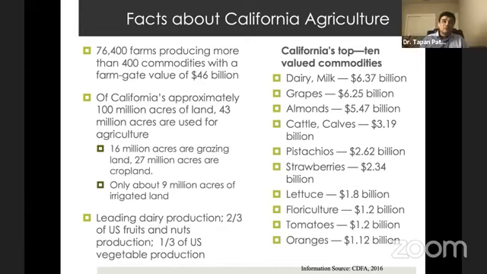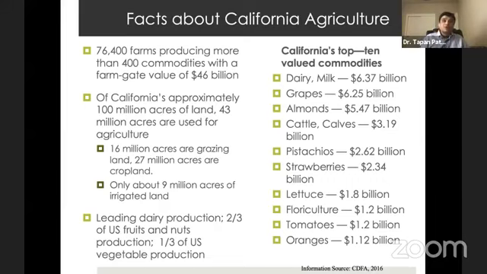California also has a lot of microclimates in different zones, and that provides unique crop growing conditions. In terms of land, of roughly 100 million acres, 43 million is used for agriculture, roughly about 40%. 16 million acres is grazing land, 27 million is cropland, but only 9 million acres, where most of the production agriculture happens, is irrigated land.